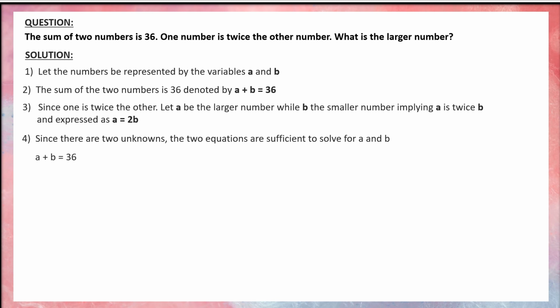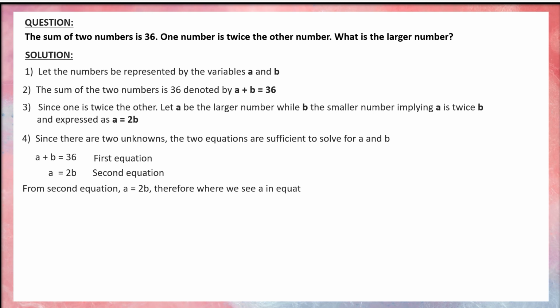So the first equation is A plus B is 36, while the second equation is A is equal to 2B. If you look at the second equation, A is equal to 2B, so you can substitute for A in the first equation, or equation 1.